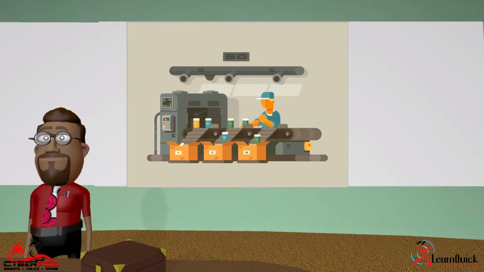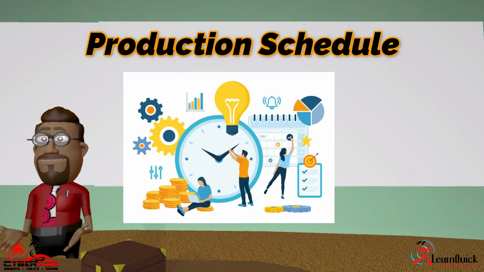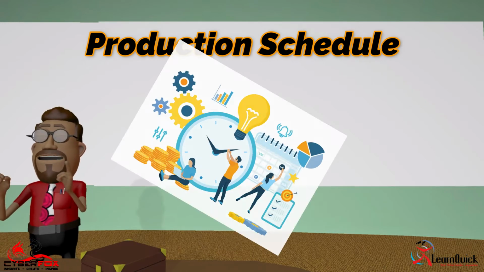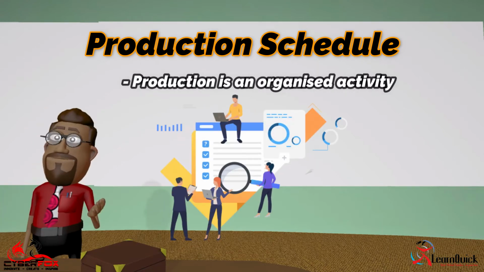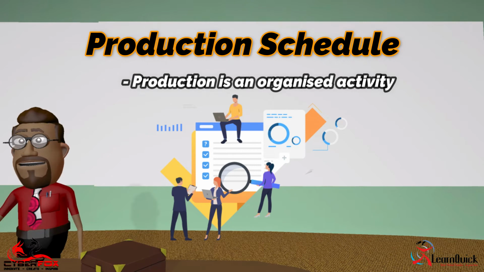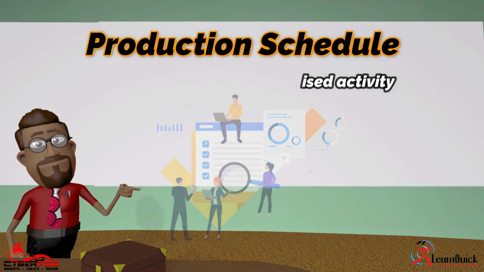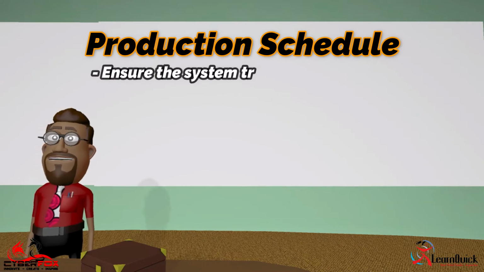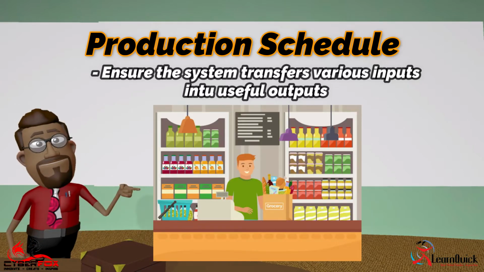The importance of the production schedule is to address 4 key points. The first point is to ensure that the production is an organized activity, which means that every production system has an objective. The second point is to ensure that the system transforms the various inputs into useful outputs or products.